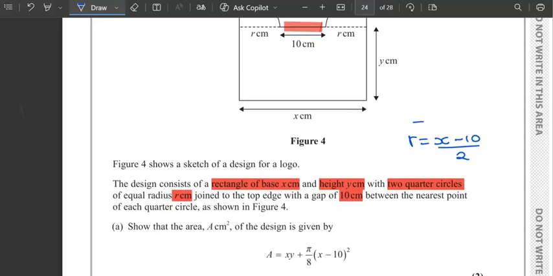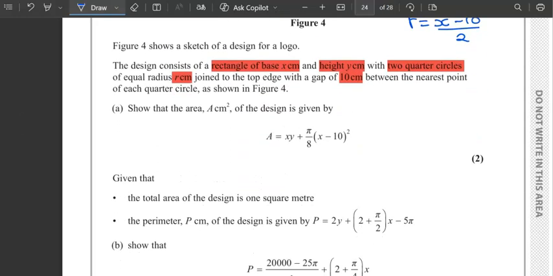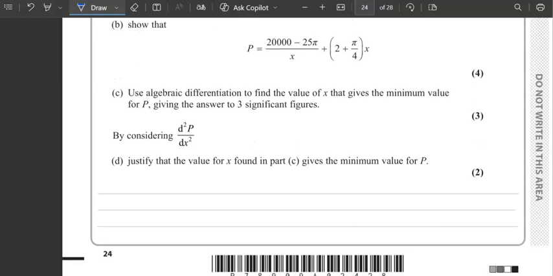Now with this in mind, we can start with part A. We can say that the area itself is the length times width, that is the area of the rectangle, plus the area of the semicircle that is composed by 2 quarter circles. This one will be half pi r squared.